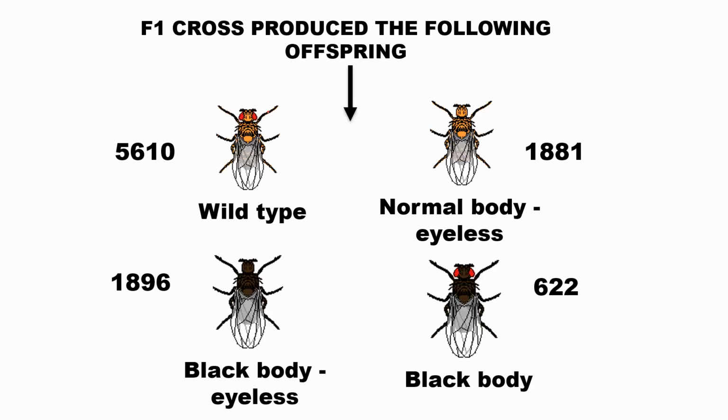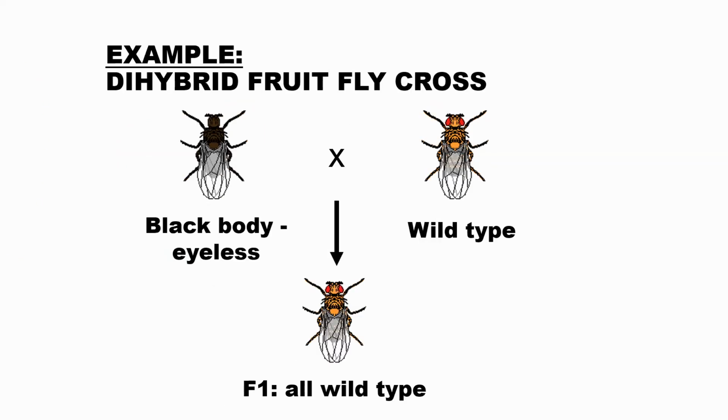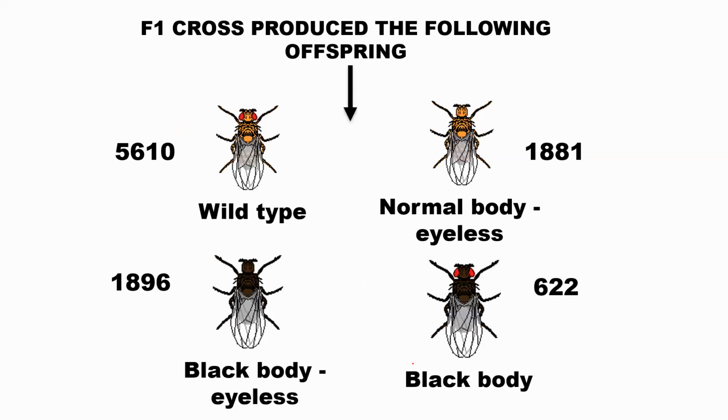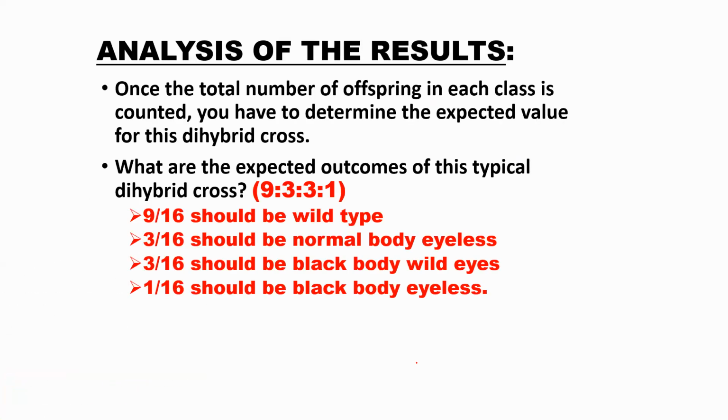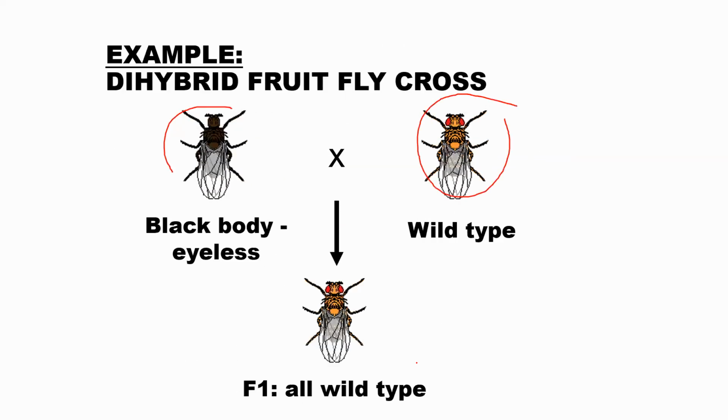So they did a cross between a homozygous dominant over here and a homozygous recessive to give us a heterozygous dominant, right? So let's see what they used. If we were doing genotypes, we could say the body is either the wild type or it's black.